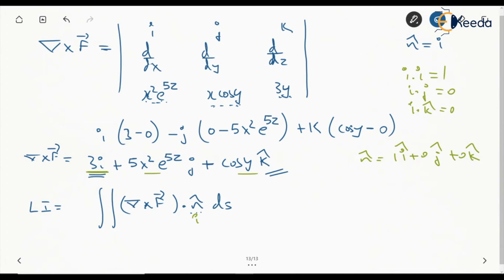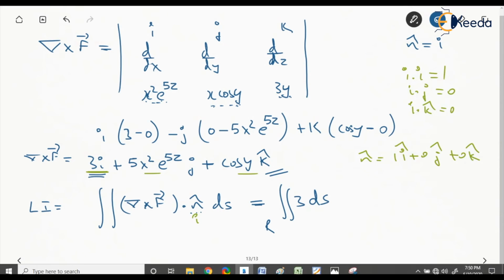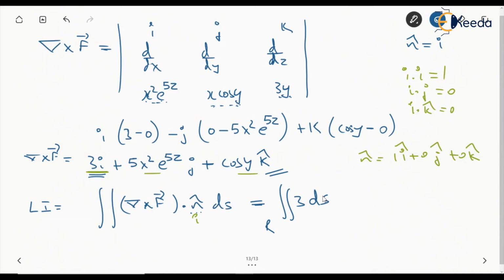So this will be a double integral over that region, and this will simply become 3 times ds, because we have only the i component in the normal vector.